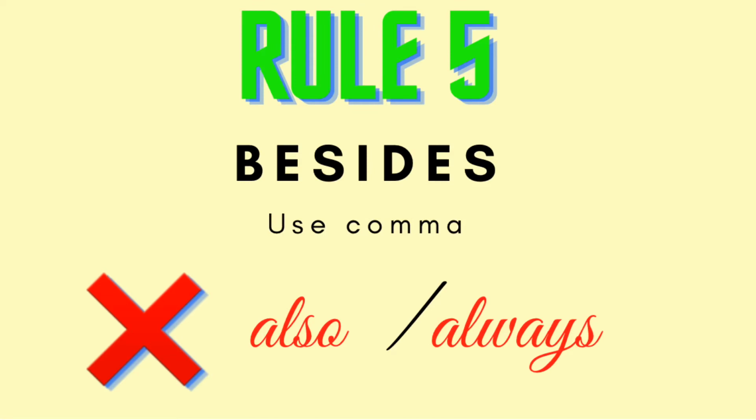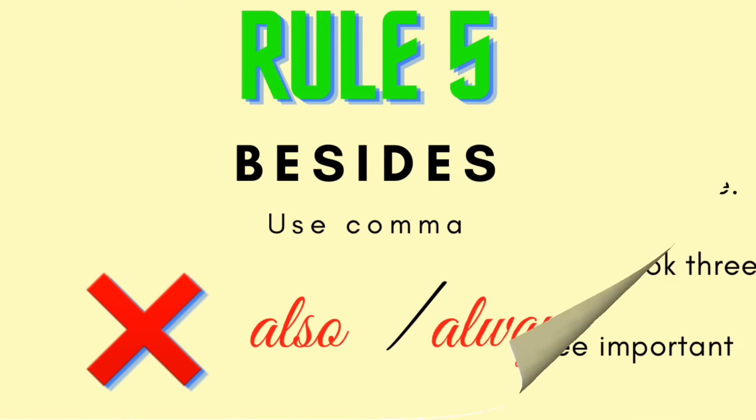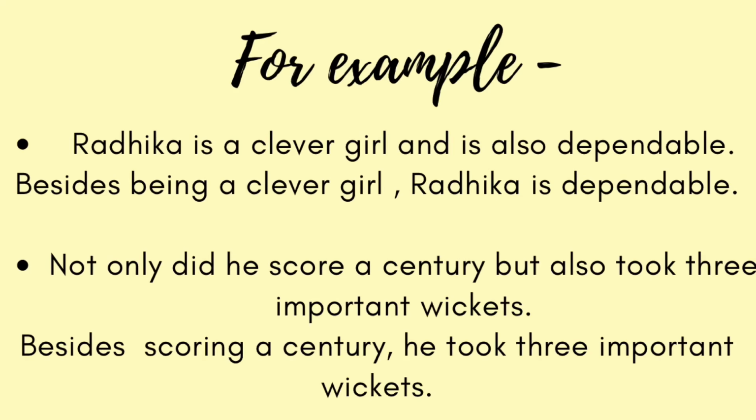Rule 5 is besides. We never use also or always with besides. We always use a comma with besides. Let's see an example. Radhika is a clever girl and is also dependable. Besides being a clever girl, comma, Radhika is dependable.